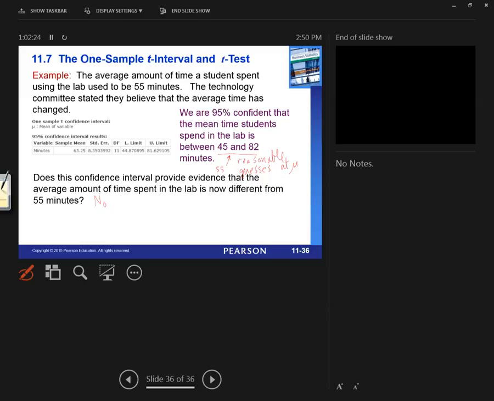Therefore, this interval doesn't say it's definitely not 55. So the answer is no. And this is because the test value, 55, is in the interval. So if it's in the interval, I can't disprove it.